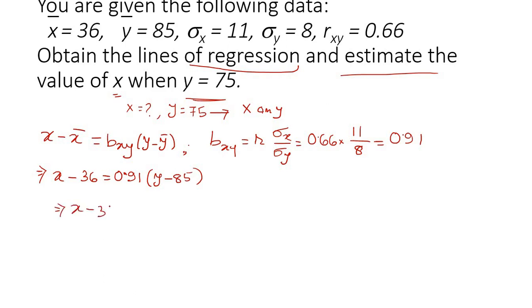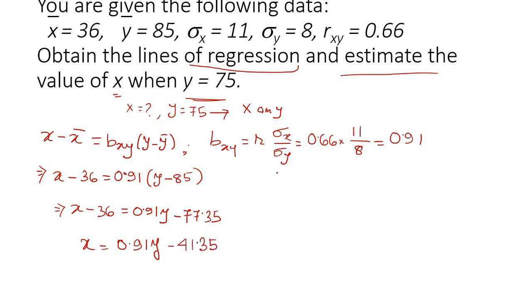Then we get x minus 36 equal to 0.91 y minus 77.35. So ultimately this gives me x equal to 0.91 y minus 41.35.